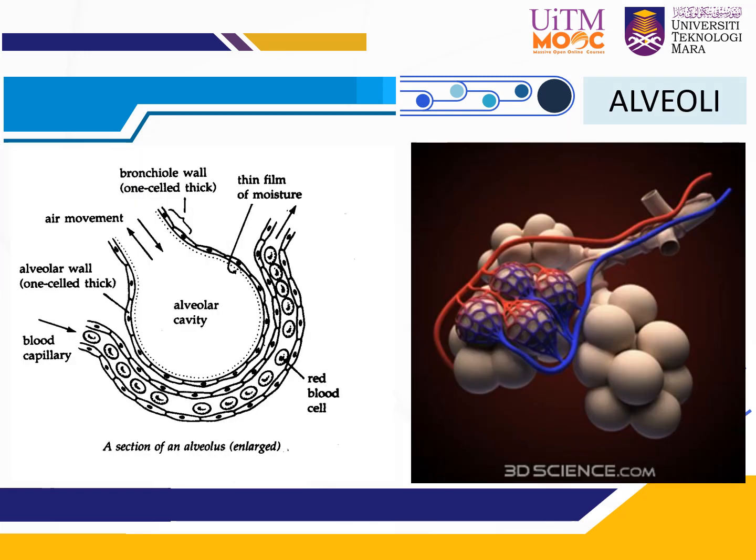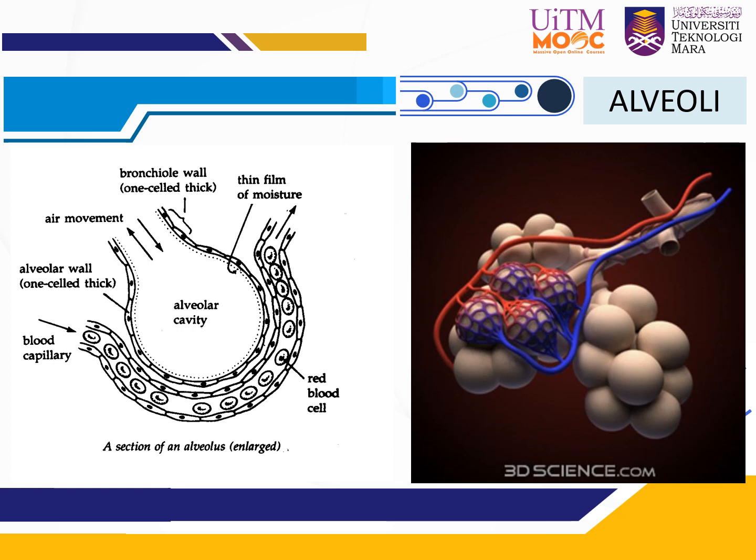The alveolus is a very unique structure. It has a single cell wall, one cell thick, very thin. This is because it allows easier diffusion of gas in and out between the blood and the alveoli, so oxygen from the lung goes into the alveoli and is exchanged into the blood.